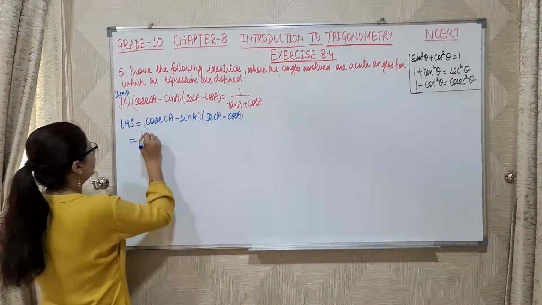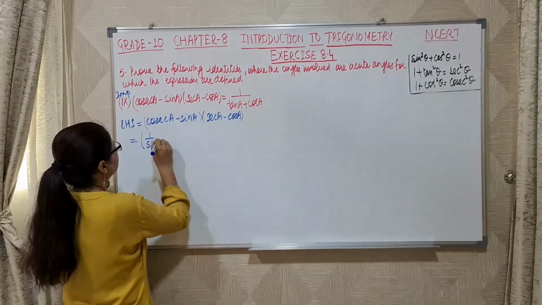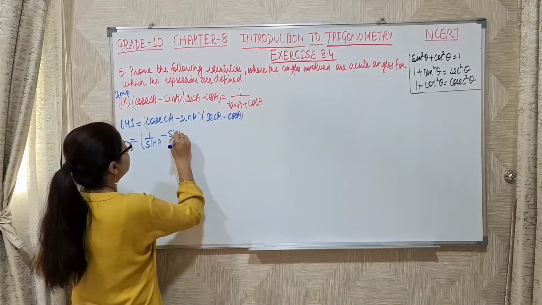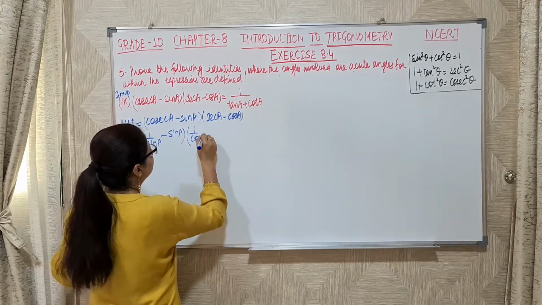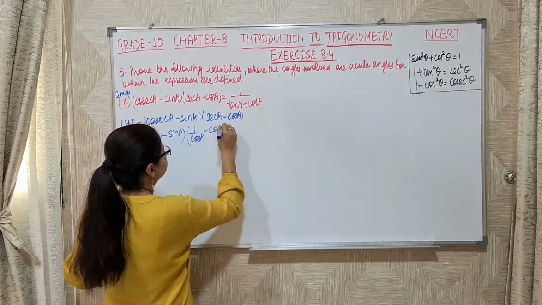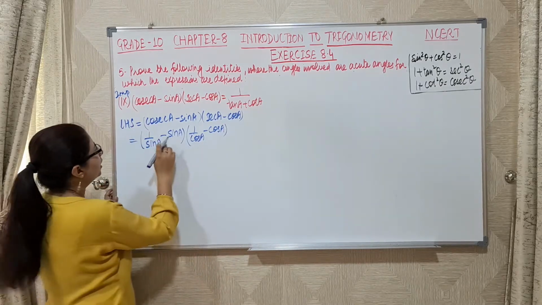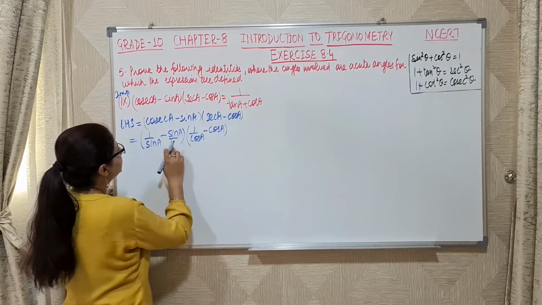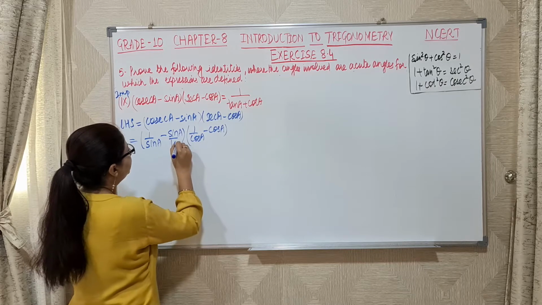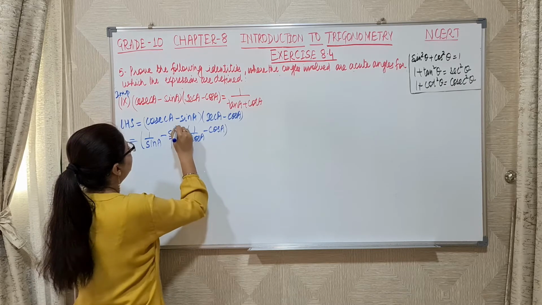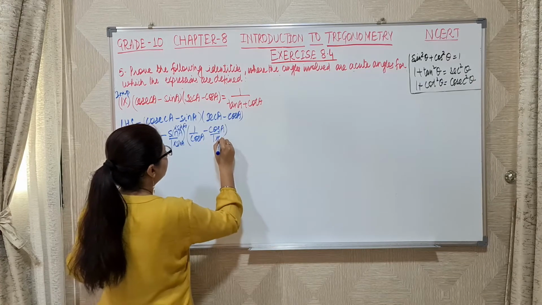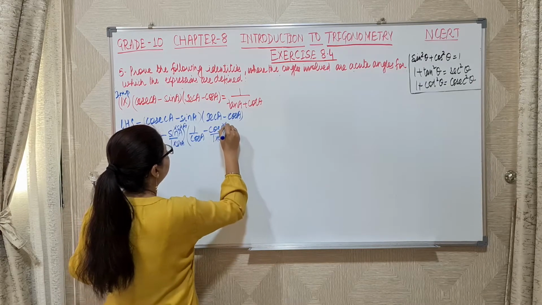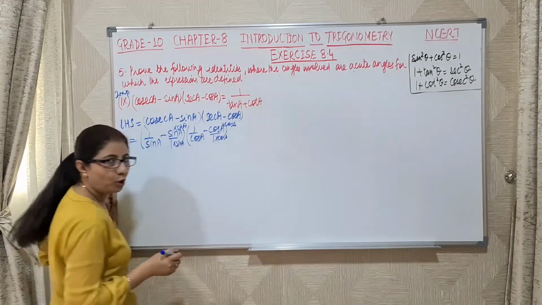So cosecant A can be written as 1 by sine A minus sine A, and secant A is 1 by cos A minus cos A. Okay, so now take LCM. This is sine A and this is 1. So we will multiply this numerator and denominator with sine A. Here it is cos, so multiply both numerator and denominator with cos A.